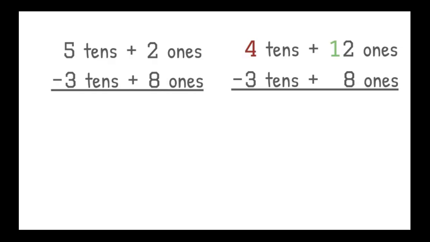Now that the value is clear, the subtraction itself is straightforward. I'm using basic facts to subtract the ones and the tens separately. 12 ones minus 8 ones is 4 ones, and 4 tens minus 3 tens is 1 ten.